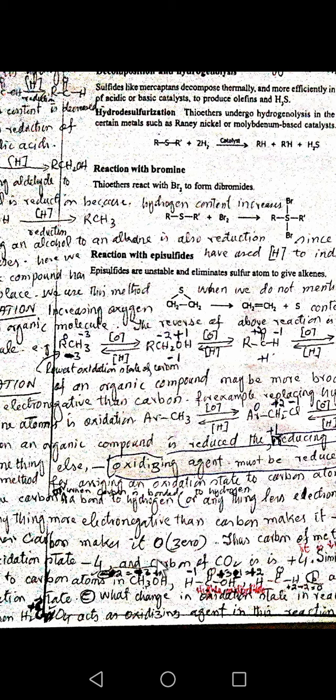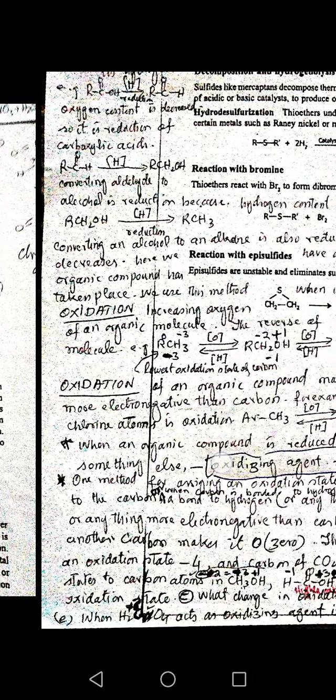Here you can see this is the lowest oxidation state and it is increasing, and here CO2 is present. In the CO2, what will be the charge? +4 on the carbon.